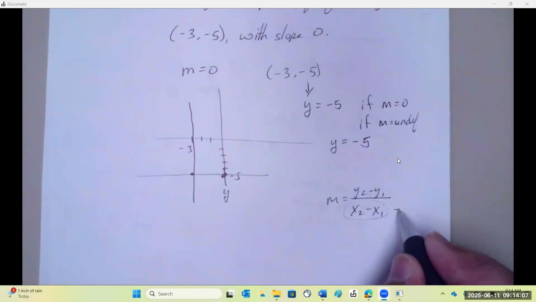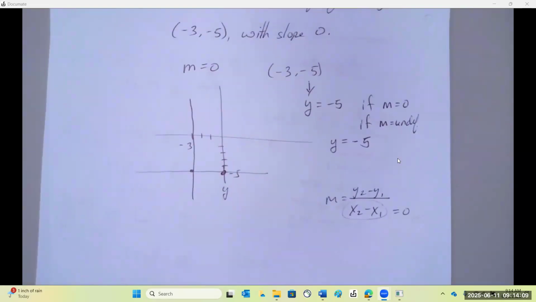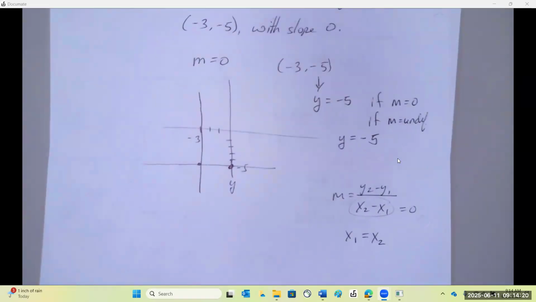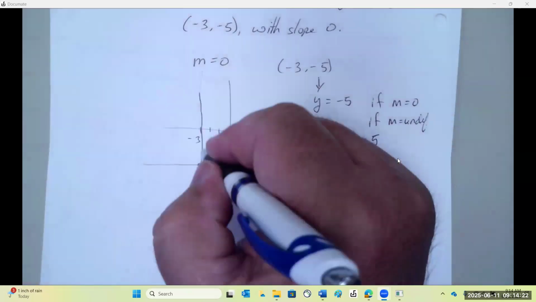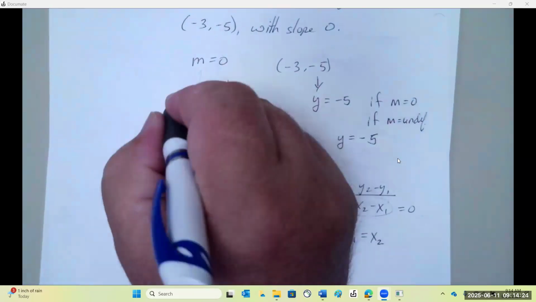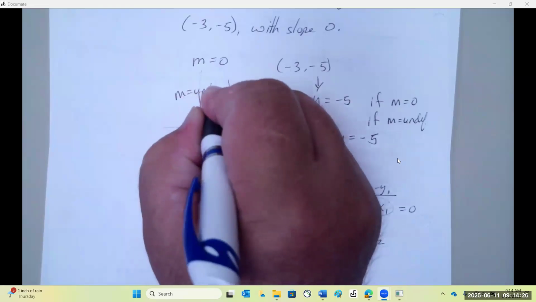The bottom has to equal 0. Because a fraction is undefined if 0 is on the bottom. So if 0 is on the bottom, that means that x1 equals x2. That means all of the x's are the same. So this one is undefined.